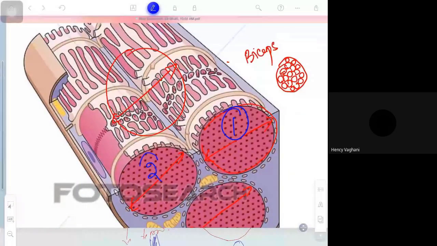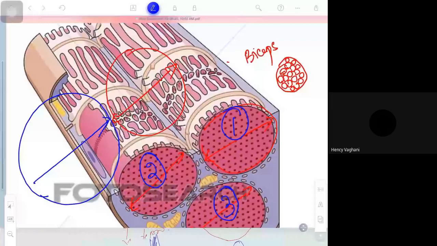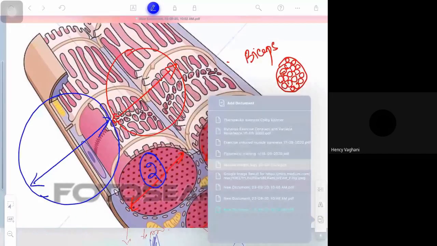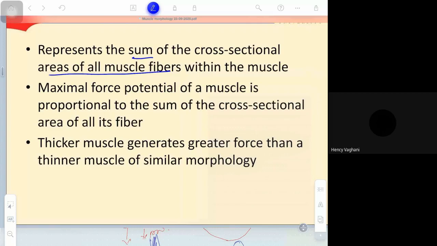Second, you are adding the cross-section of the second. Third, you are adding the cross-section of another fiber. So when you add all this, you will get a big circle or a big cross-sectional area. So this is the way to measure the cross-sectional area: the sum of the cross-sectional areas of all muscle fibers within the muscle.